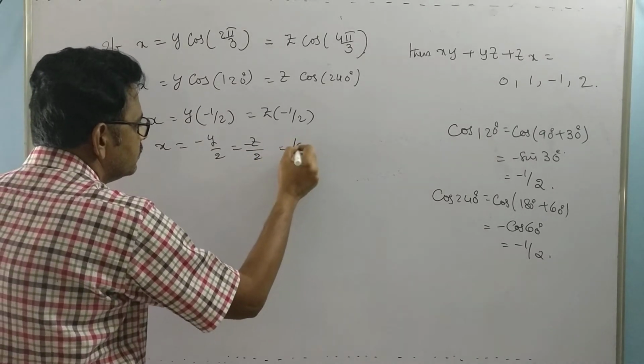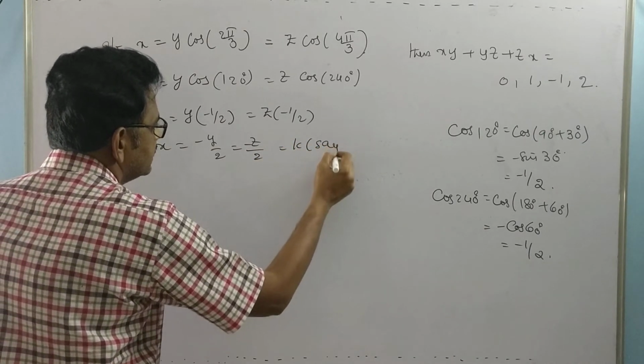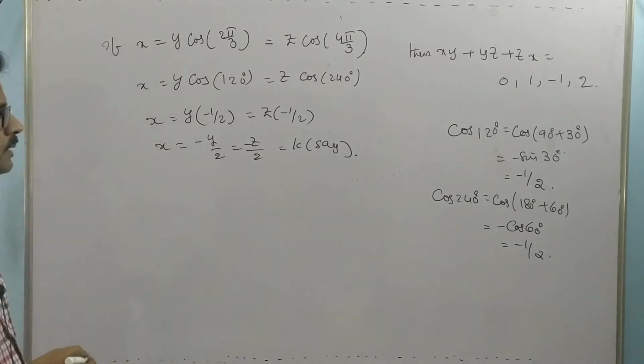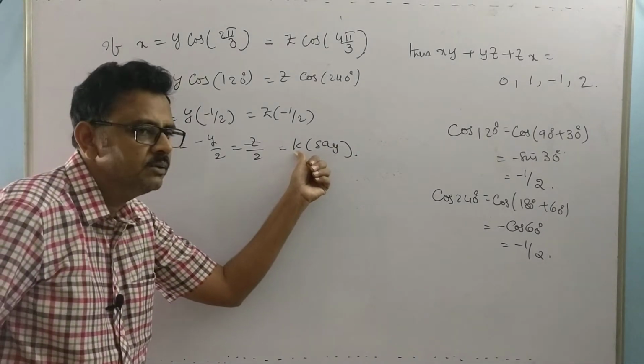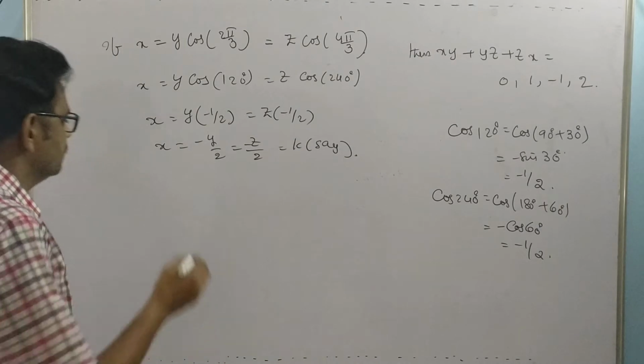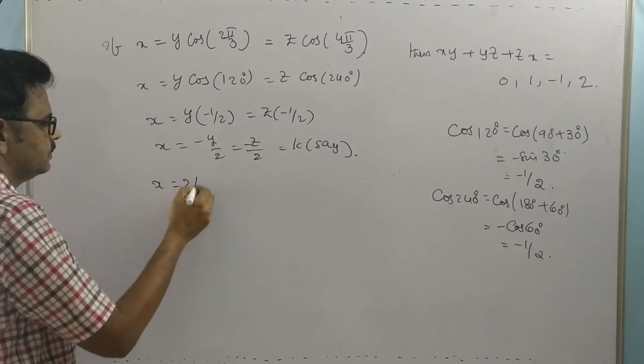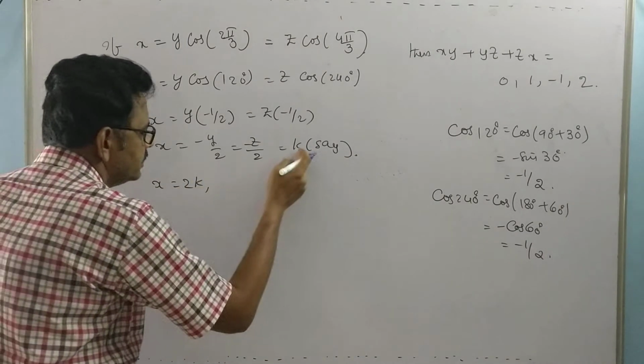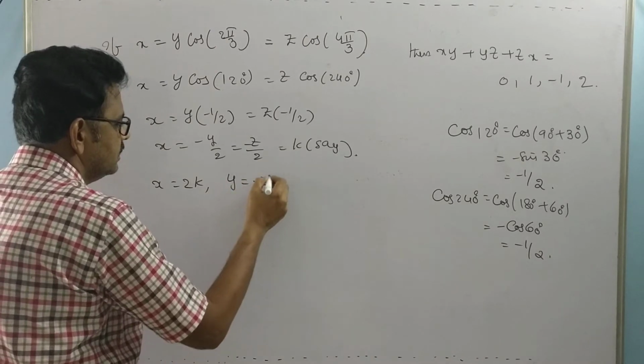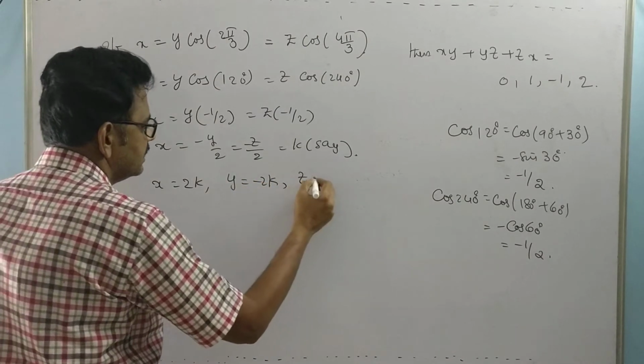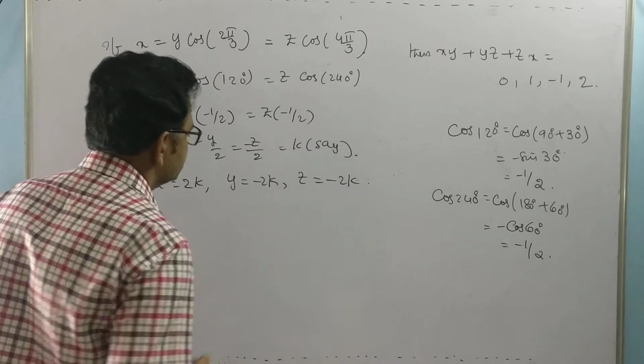The value equals some constant k. So each one is equated to this constant k. So x is equal to 2k, and equating these, y is equal to minus 2k, z equal to minus 2k.